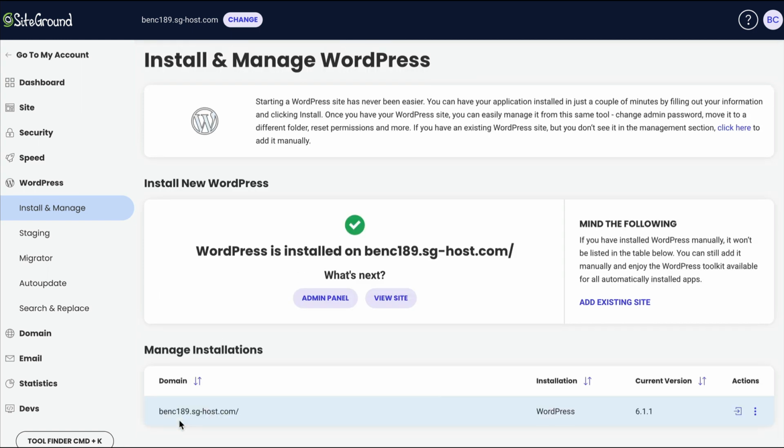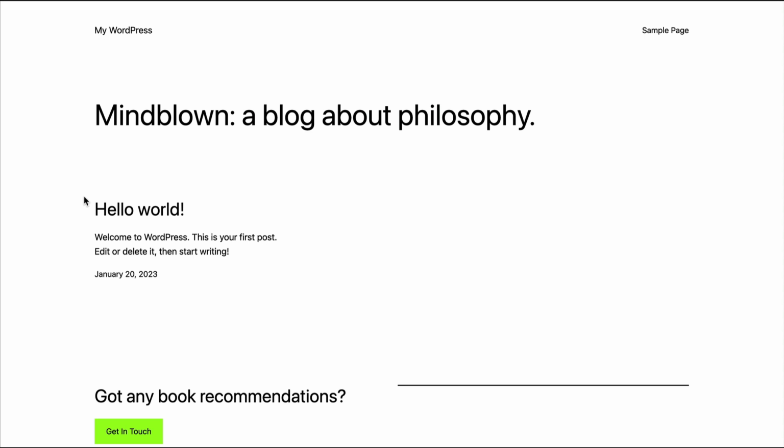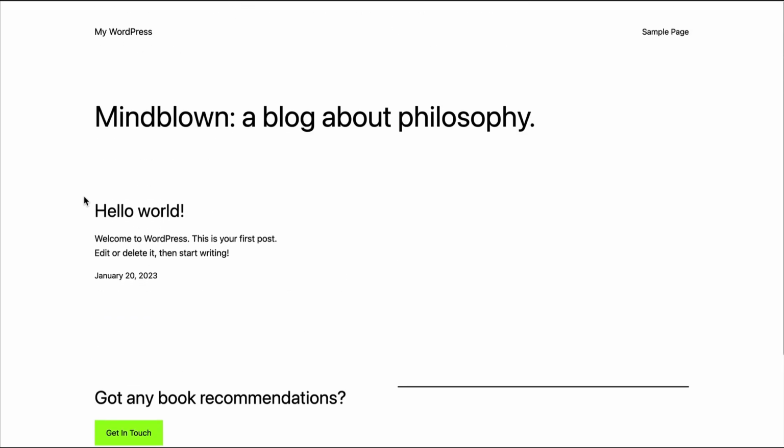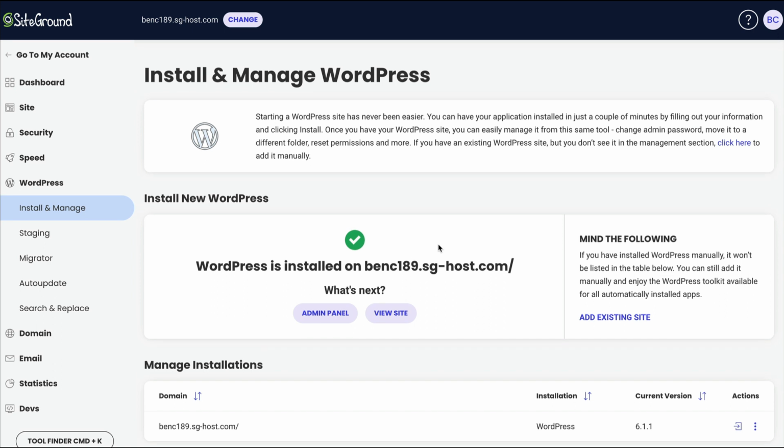All right, WordPress is installed. Let's go back to our preview and refresh and see if, yes, so here we are. We have a default WordPress installation now. So let's go back. Our next step is to go to the WordPress admin panel and get ourselves into the back end of this website.